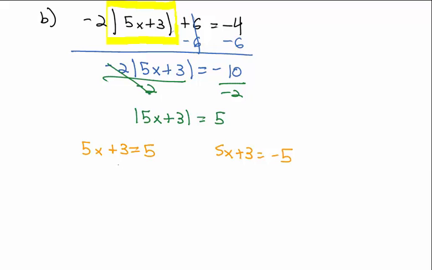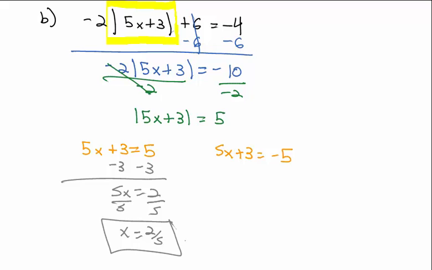And solve these equations. Subtracting 3 from both sides gives us 5x equals 2, and dividing by 5 gives us x equals 2/5. The other equation, solving the exact same way, subtracting 3 gives us 5x equals negative 8, and dividing by 5 gives us x equals negative 8/5.